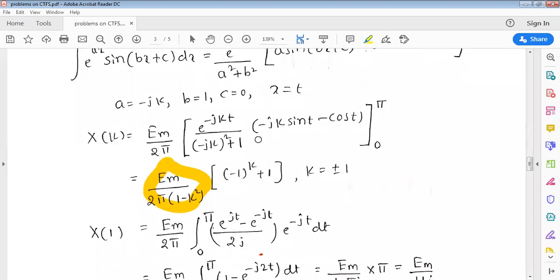Now what happens? e^(−jkt), look here, we'll substitute inside. When you substitute t as π and 0, sin π and sin 0 are 0. So this quantity is completely gone, and what is left is only −cos t. cos π is −1, minus cos 0 is −1, minus is plus, so it will become totally 2. So this value will become totally 2.